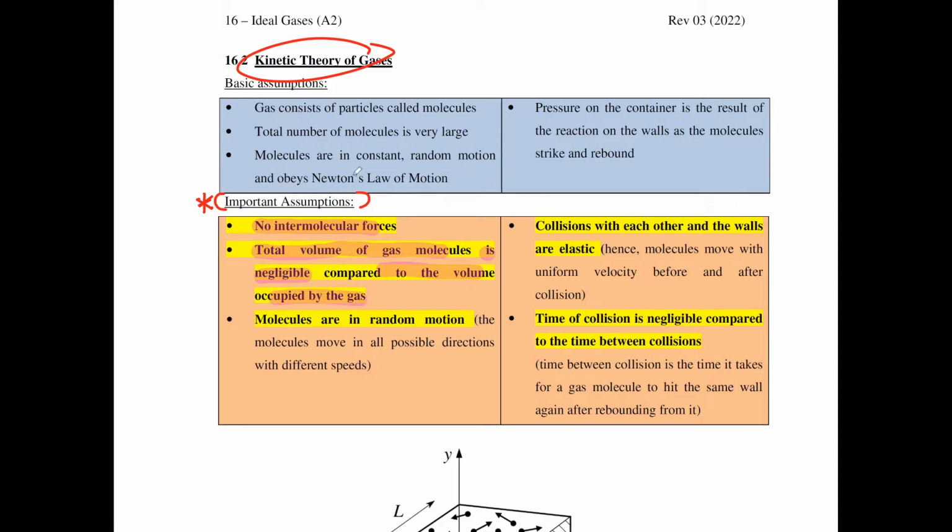Read the statement carefully: the volume of gas molecules is negligible compared to the volume occupied by the gas. Or sometimes it can be replaced with this: it is negligible compared to the volume of the containing vessel.